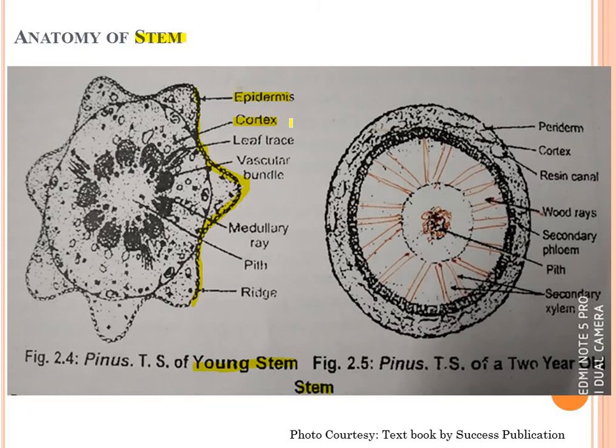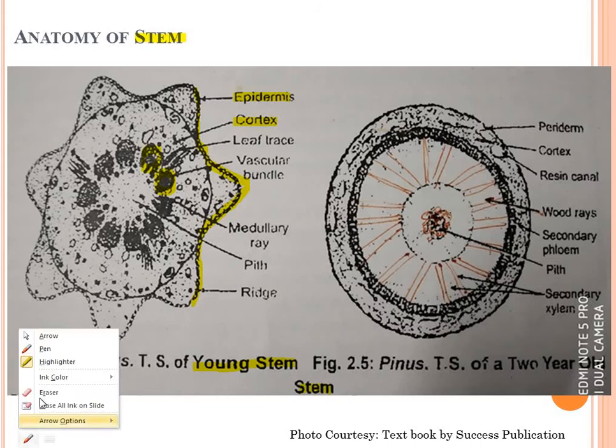Then inside that cortex vascular bundles are present. See, these are vascular bundles, and these vascular bundles consist of xylem and phloem tissue. Xylem is toward the inside while phloem is toward the outside.